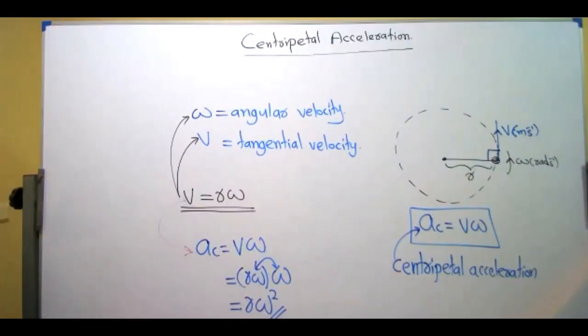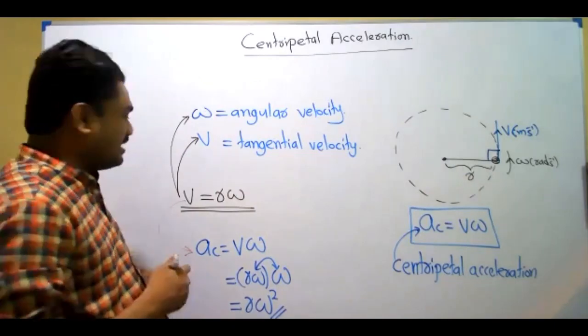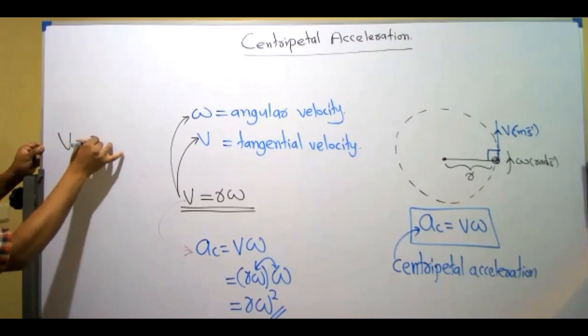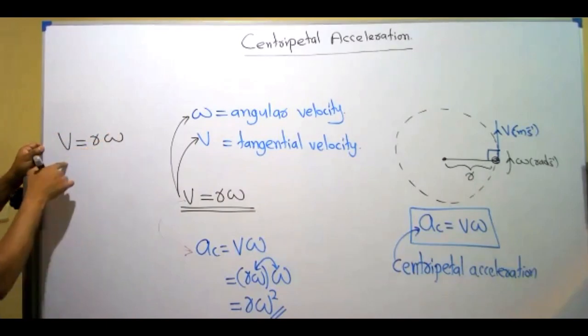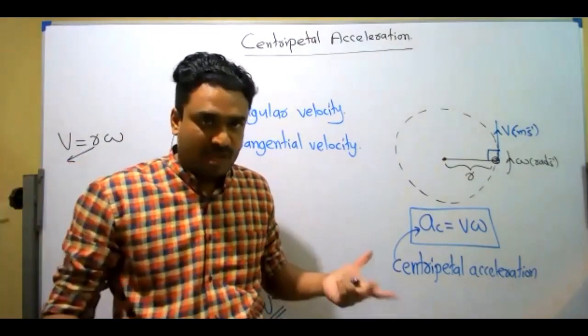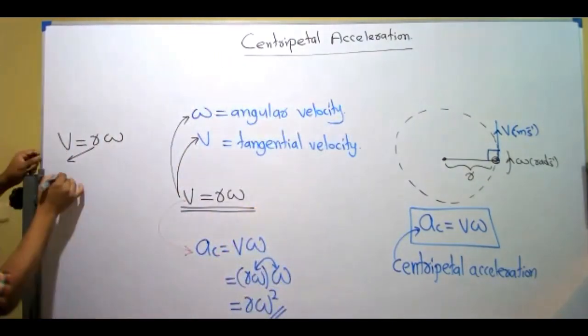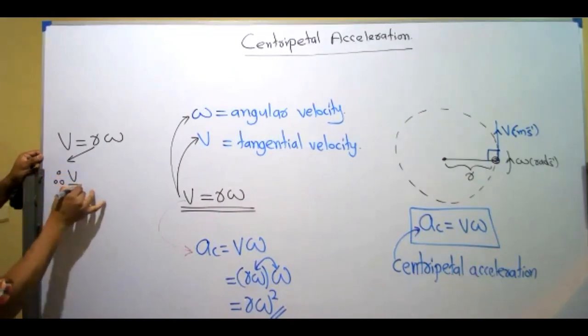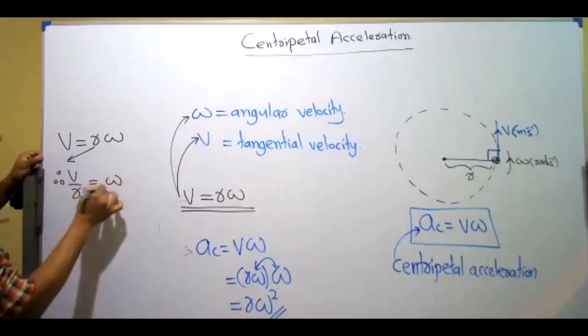I can write one more relationship. Look at the board. v equals r omega. If I take r to this side by cross multiplication, I obtain v over r equals omega.